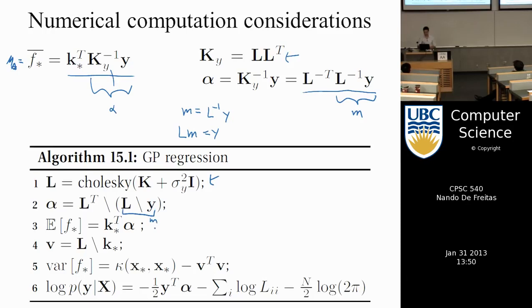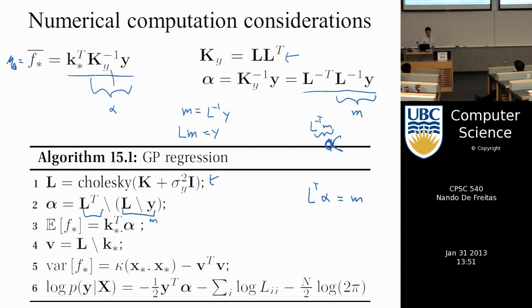Once you have M, you have another linear system, L minus transpose M, which you can call, I don't know, Q. In fact, at that point it is actually alpha. You solve that linear system of equations for alpha, so L transpose alpha is equal to M. That's how I'm computing this term alpha.